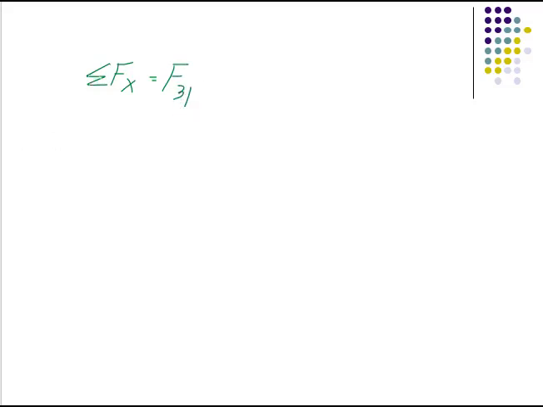Now, I was not able to draw the angle, so you have here the angles. You have 90 degrees here, and then you have here 30, and then you have here 60. So we have here F31x. If we consider this angle 30 degrees, the x component is the adjacent side. Therefore, we will be using cosine theta. We now have F31 cosine 30 degrees.